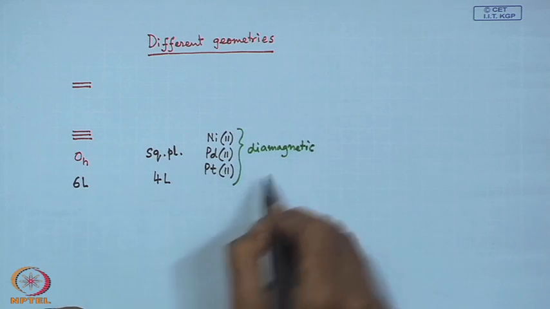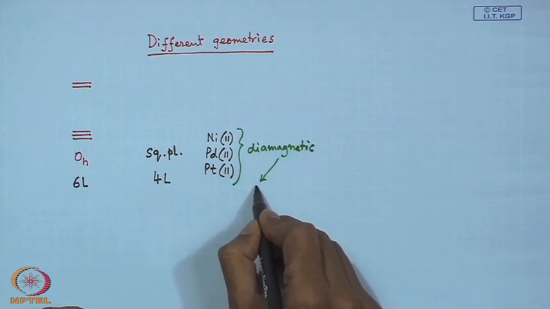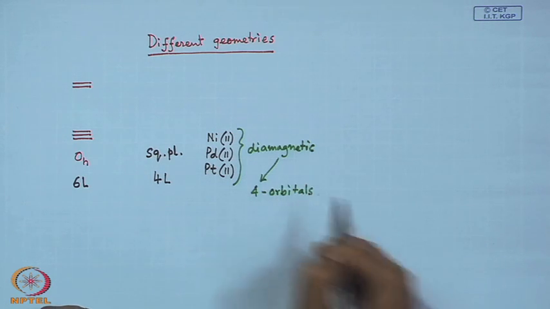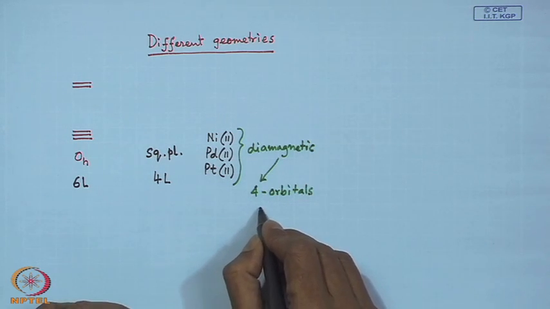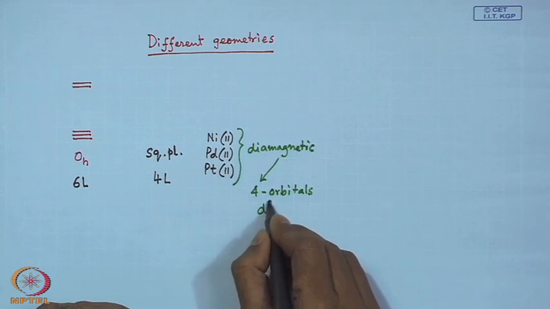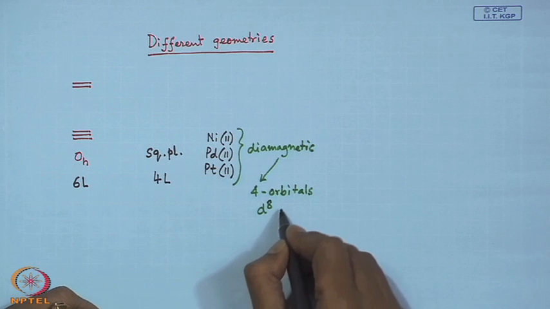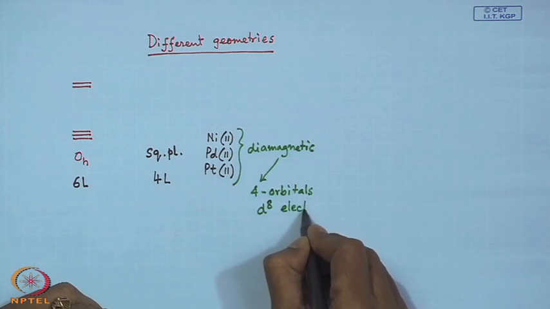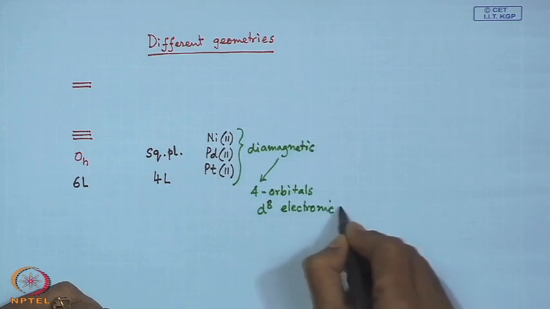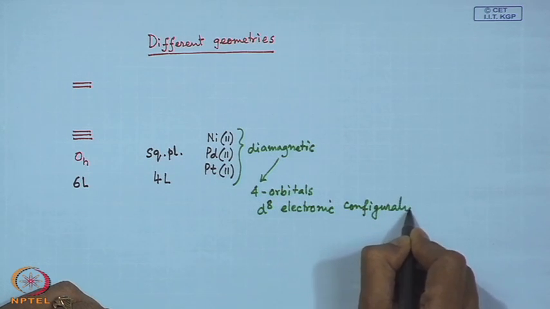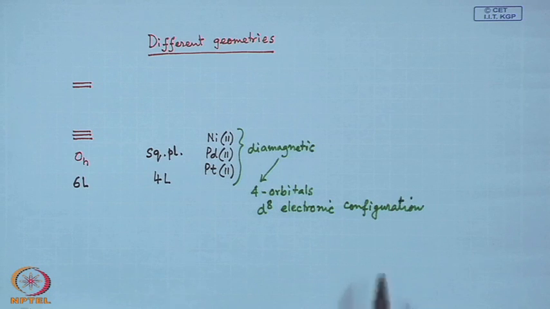That means only 4 orbitals would be available for the occupancy of 8 electrons from the d8 level. So, we have the d8 electronic configuration, and these electrons can be accommodated within 4 orbitals.